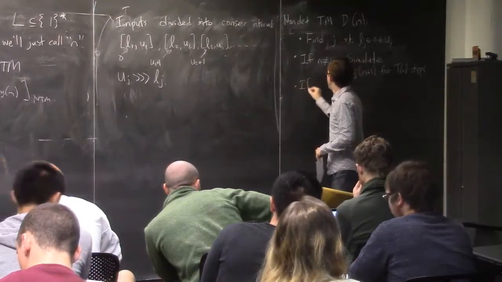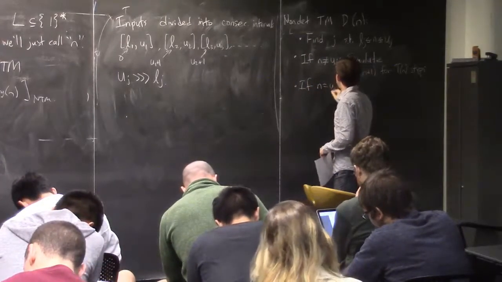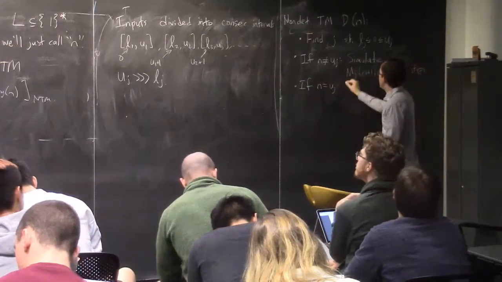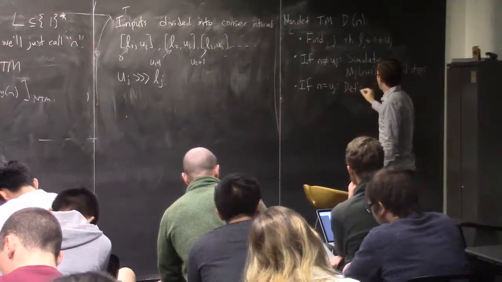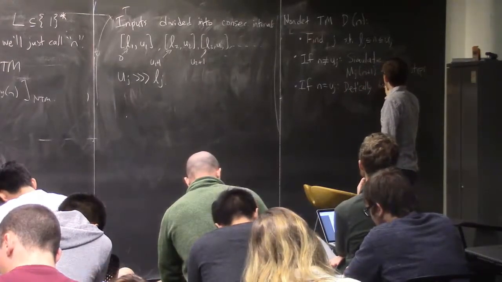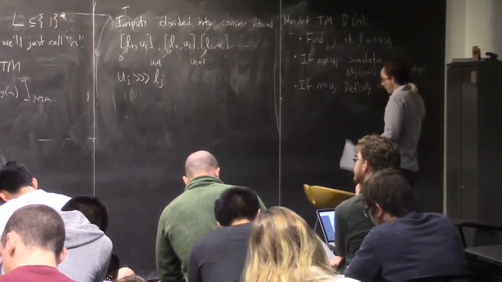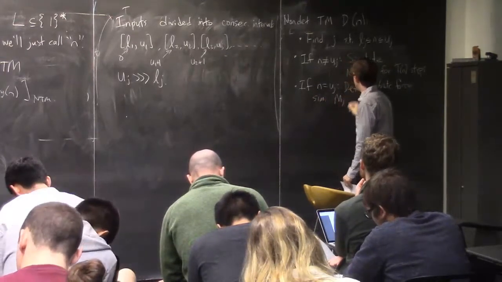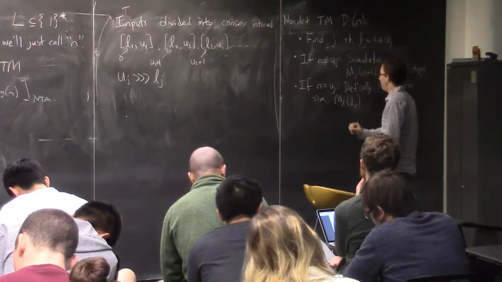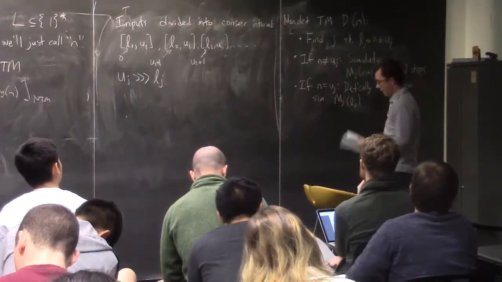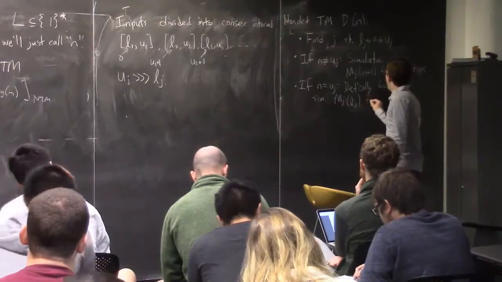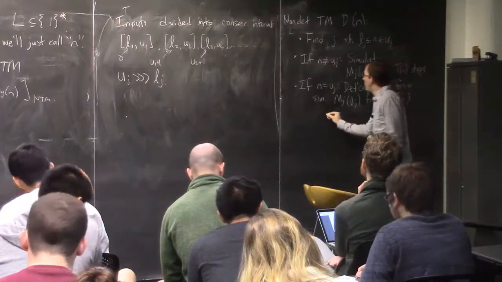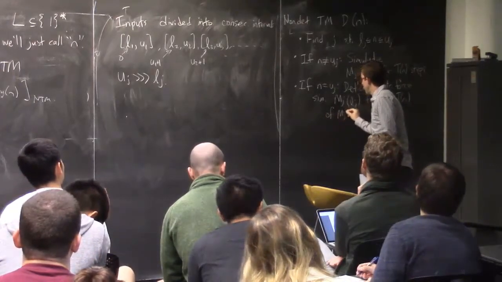Okay, the special case is when n is the top thing in the interval. And what do you do here? This is where you use the idea. You deterministically, brute force, simulate Mj, the Turing machine associated to the interval, but on the lowest guy in the interval, Lj, for basically log base 2 of T of n of Mj's steps.